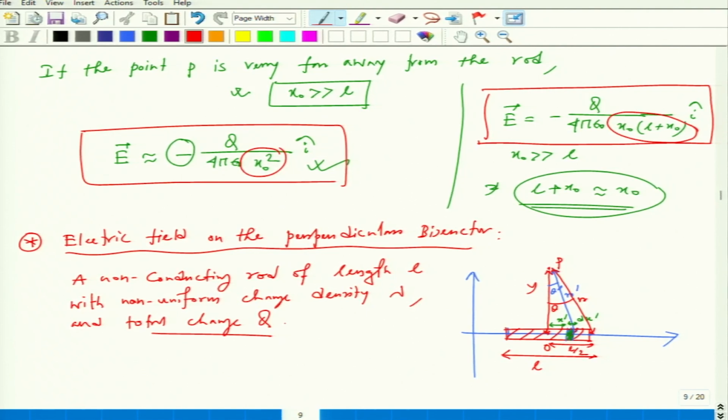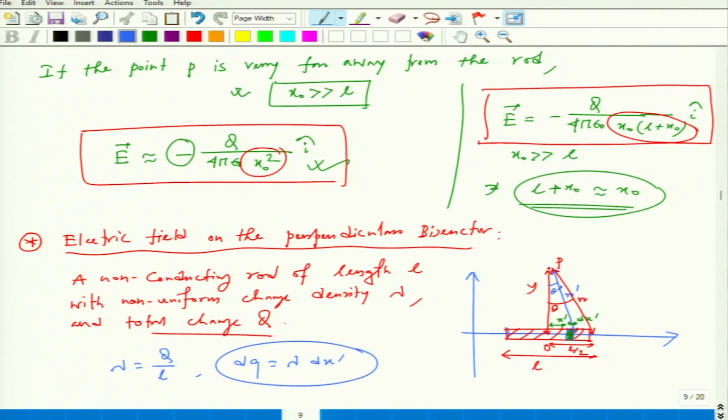So again the charge distribution is uniform, then lambda is q over L, and the electric charge of a small segment dx prime is dq, lambda times dx prime.